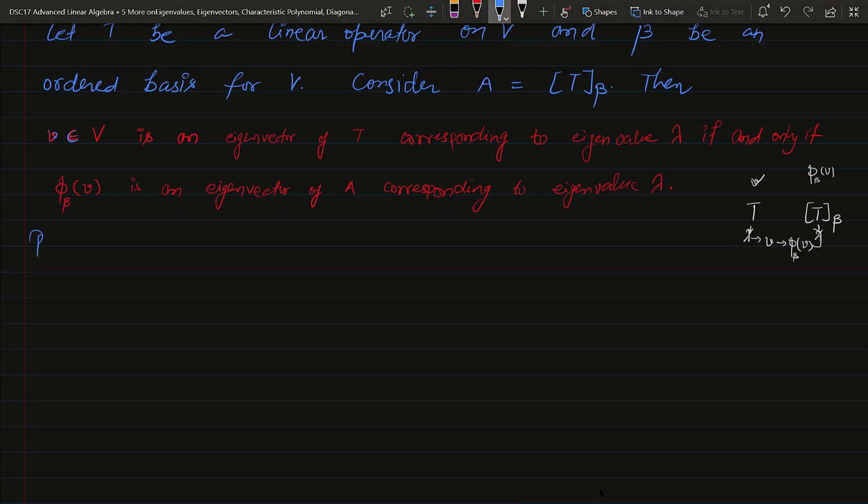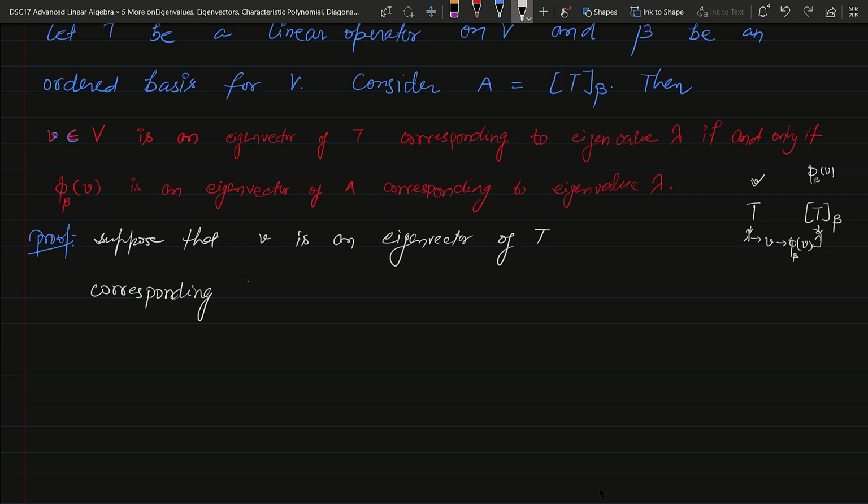It contains only the definition of being an eigenvector. So for the proof, suppose that v is an eigenvector of T corresponding to the eigenvalue lambda.